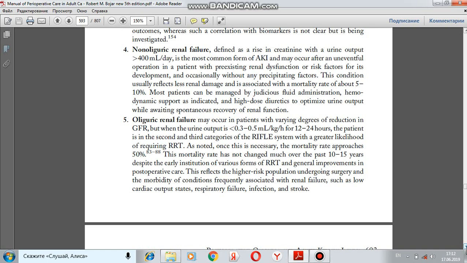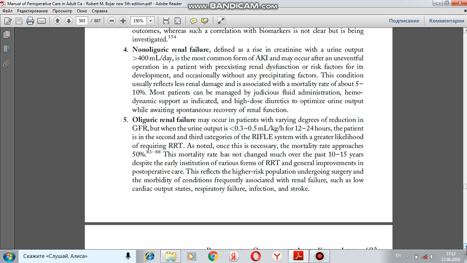4. Non-oliguric renal failure, defined as a rise in creatinine with a urine output more than 400 ml a day, is the most common form of acute kidney injury and may occur after an uneventful operation in a patient with pre-existing renal dysfunction or risk factors for its development, and occasionally without any precipitating factors.